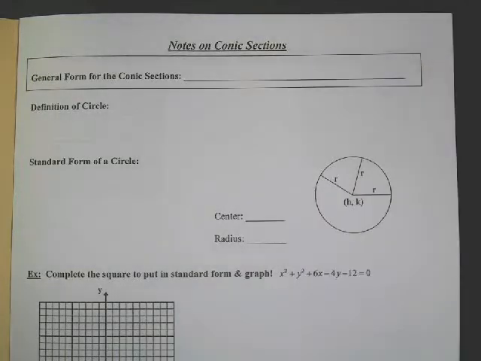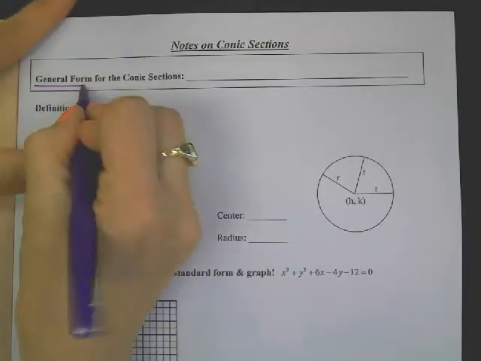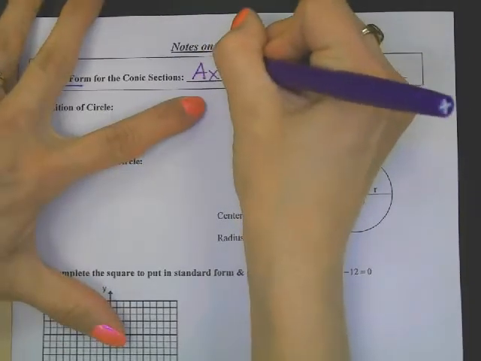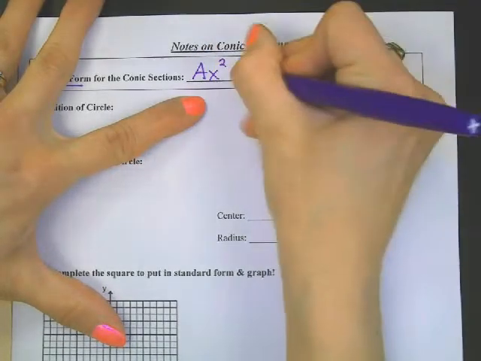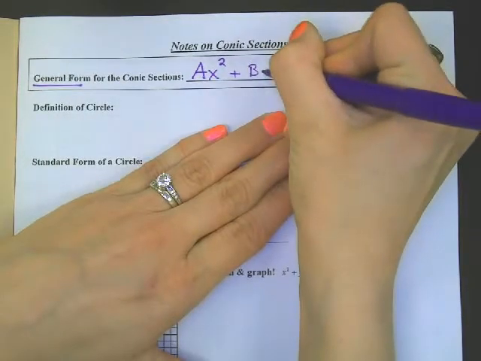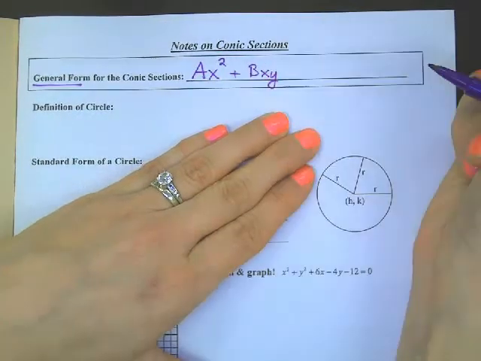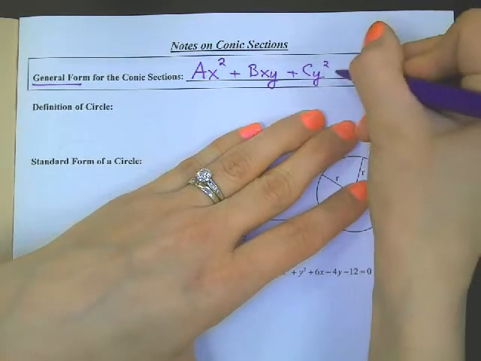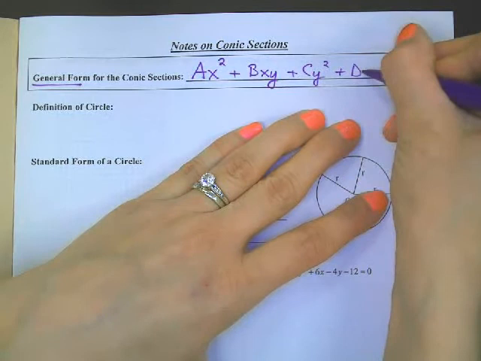All right, the general form for a conic section has a lot of letters, and it goes like this: Ax squared plus Bxy plus Cy squared plus Dx.